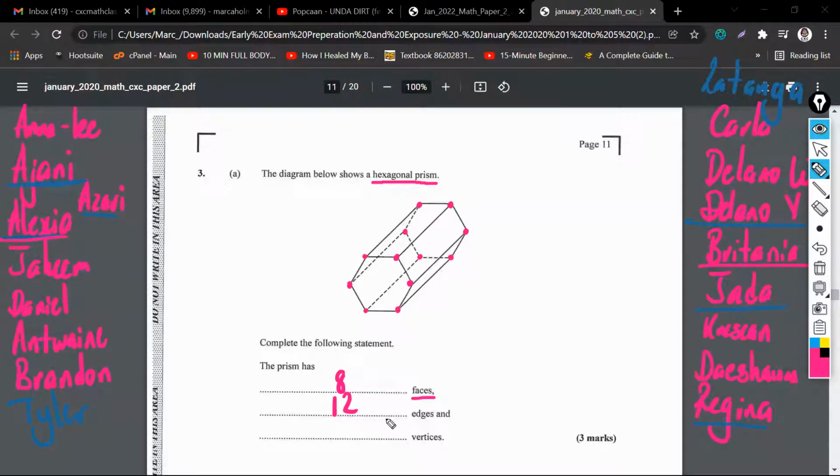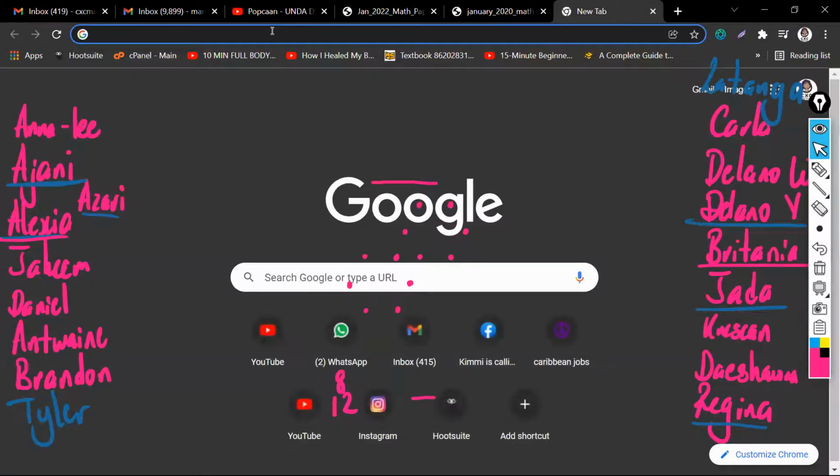Yes, and vertices now. How many vertices do you guys think it is? Let's actually just Google what vertices are first before we do that one.